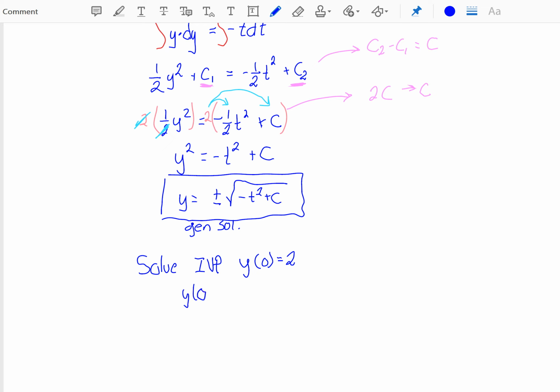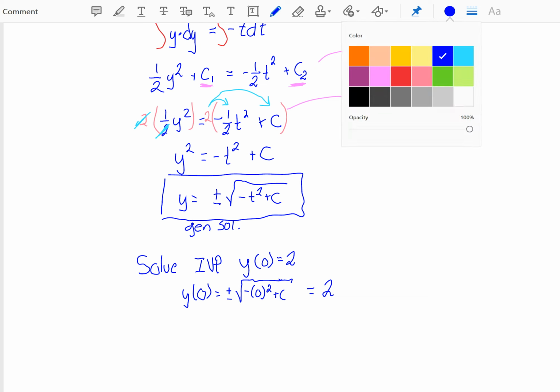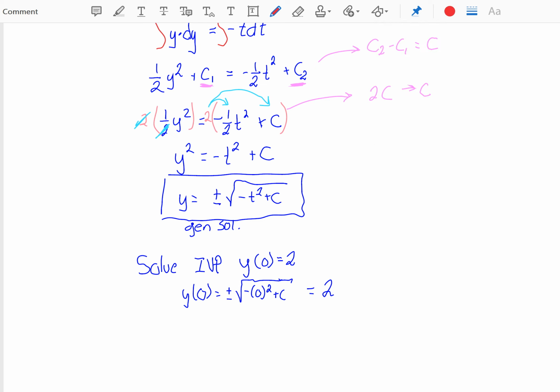Evaluating our solution at 0, we get plus or minus, and we're going to have to deal with this plus or minus in a moment, the square root of negative 0 squared plus c, and we want this to equal 2. Of course, 0 squared is 0. This ends up being plus or minus the square root of c has to equal 2.